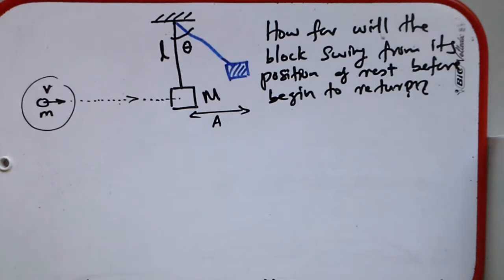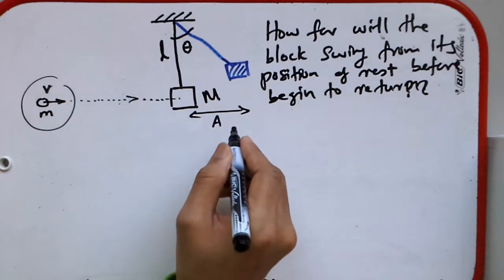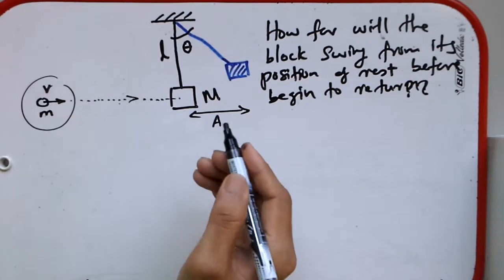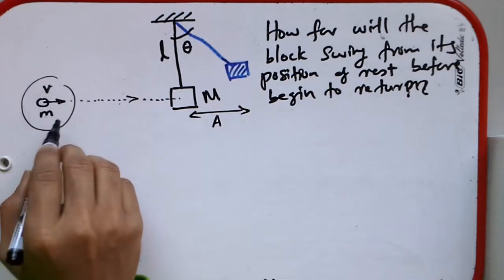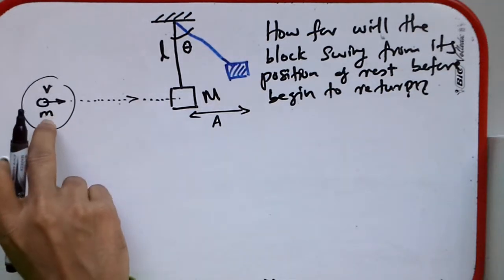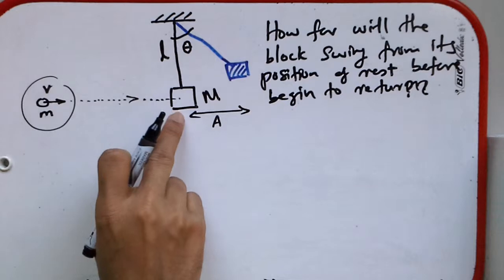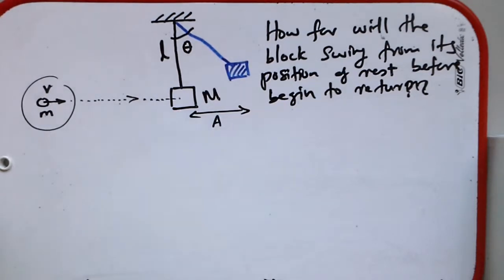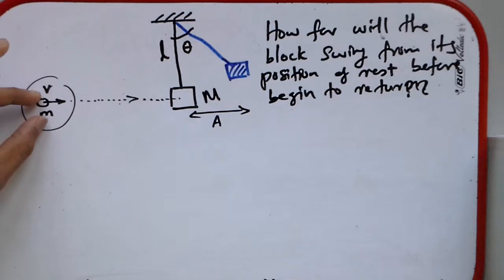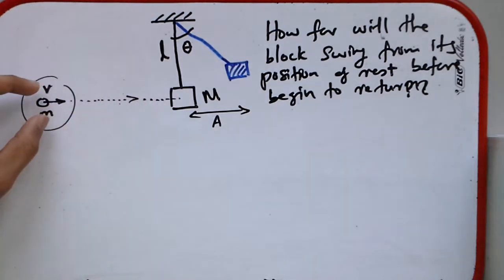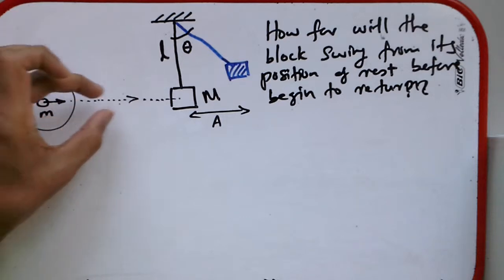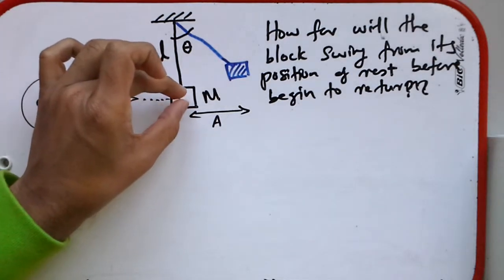So let's apply the conservation of momentum. What does conservation of momentum say? The total momentum of the system is conserved. So the initial momentum of the system, you have only velocity for this bullet, not for this big M. But after this bullet hits the big M, this bullet actually embeds into the system.